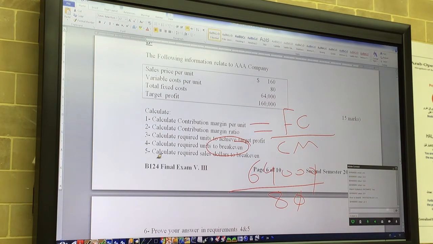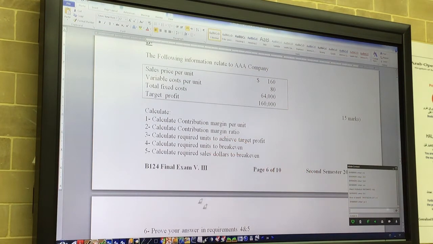So five, he requires you to calculate the sales dollars to break even. You can answer this requirement in two ways. The first way, the quick way, is break even by units 800 multiplied by price 160.